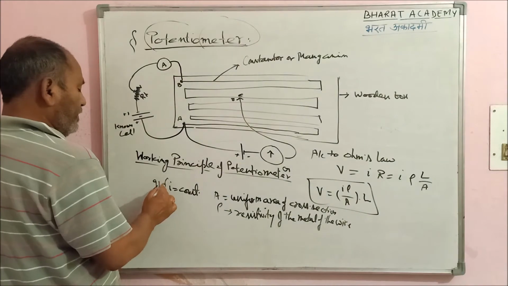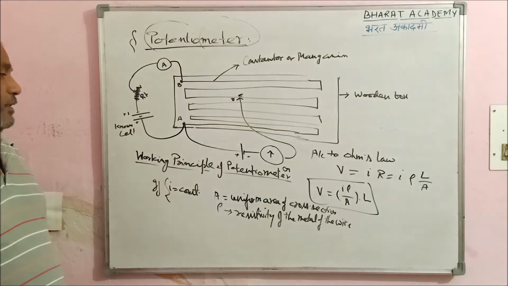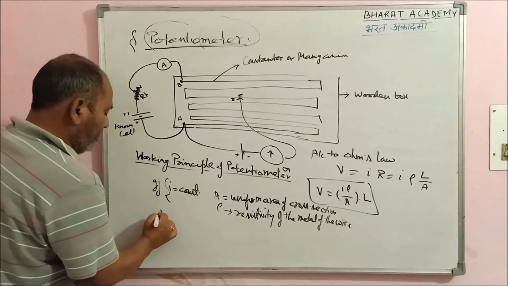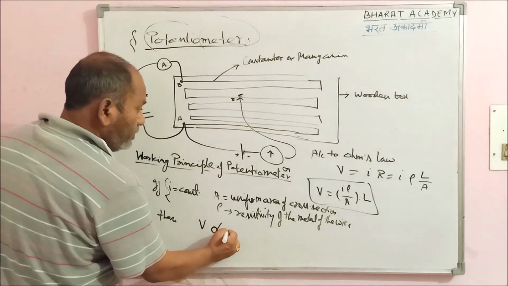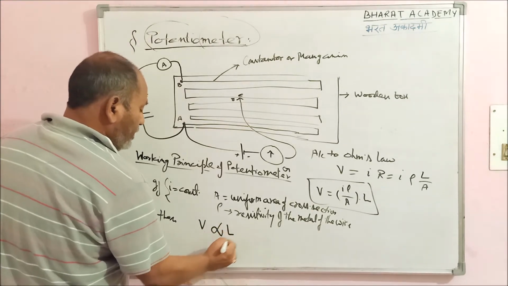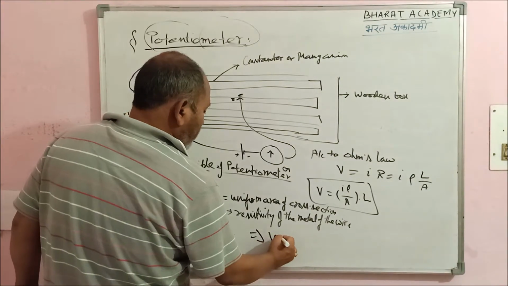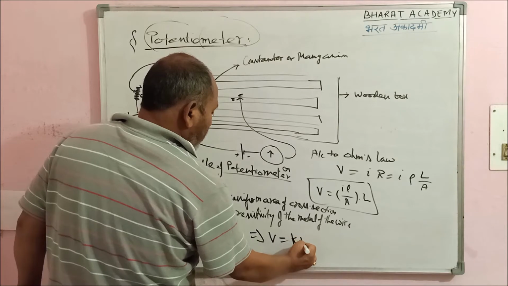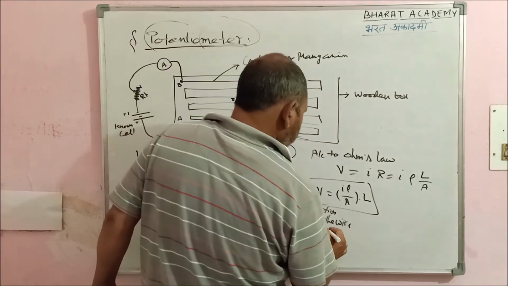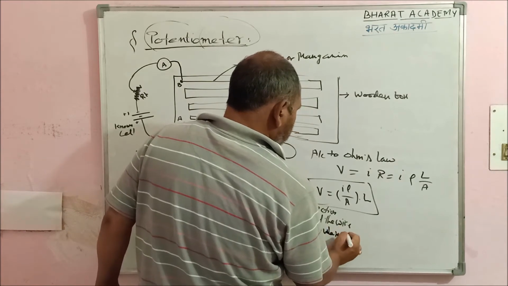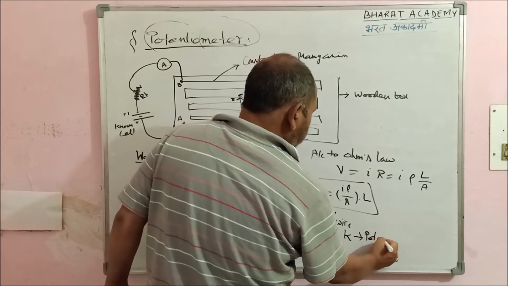If you satisfy these three conditions, that I is constant, A is uniform, and rho is the resistivity, then what will happen? Then V will become directly proportional to L, right? Or you say V equal to KL, where this K is known as potential gradient.